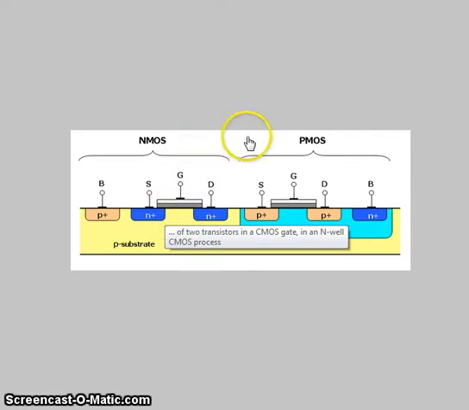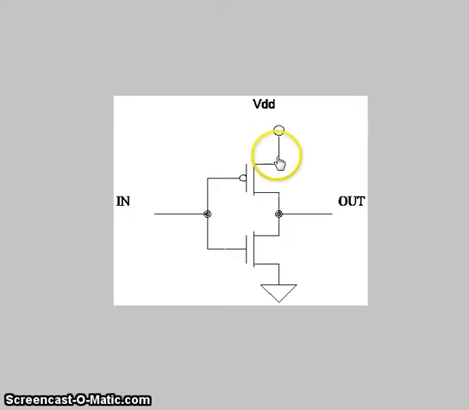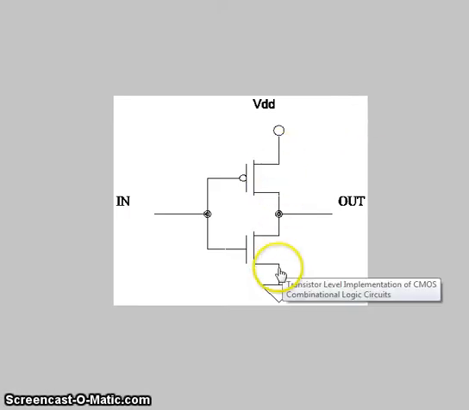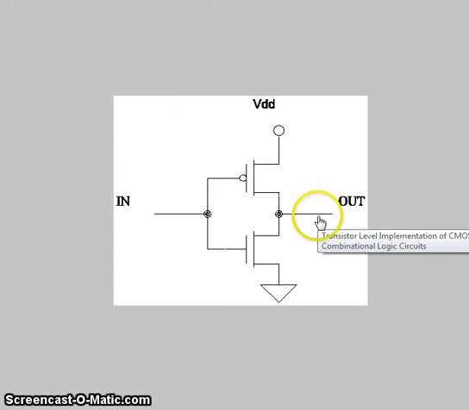So these two gates are connected together, and then a drain and a source are connected together, and then one source is connected to ground, one drain is connected to, in our case, VDD, as we see here. So these are our power supply connections. We will have one input and one output.